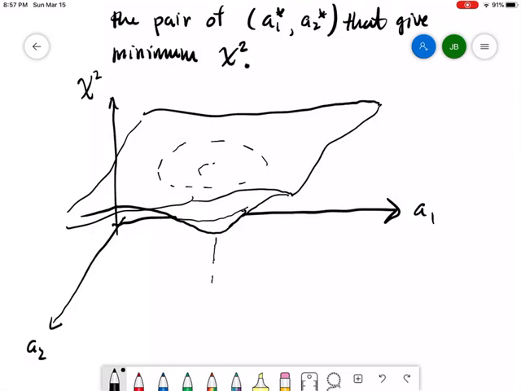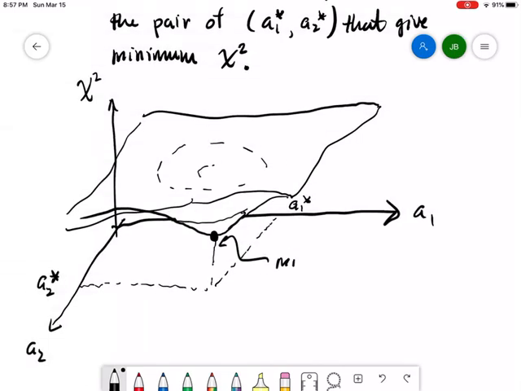And we can take that down into our A1, A2 plane, and we could find A2 star and A1 star that locate this minimum. And so right here is the point that is the minimum chi-squared value.